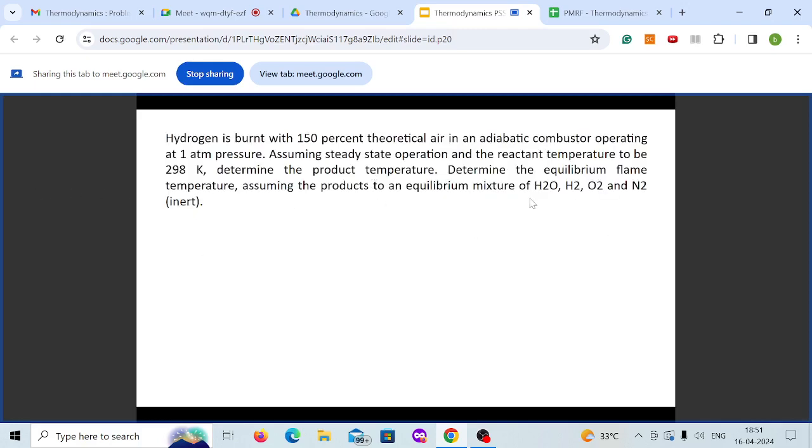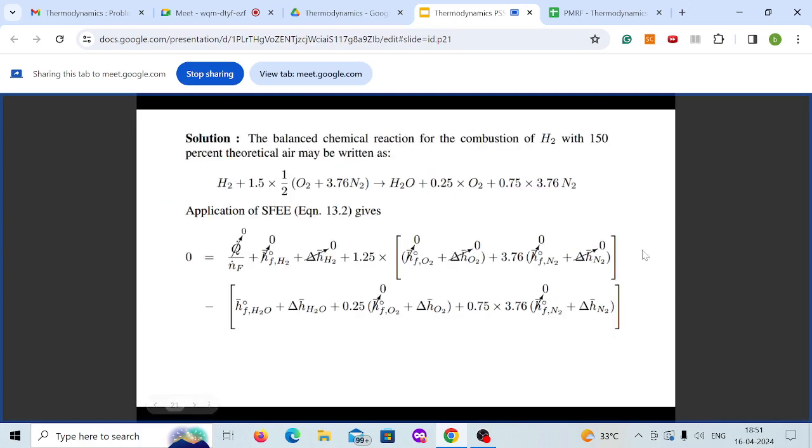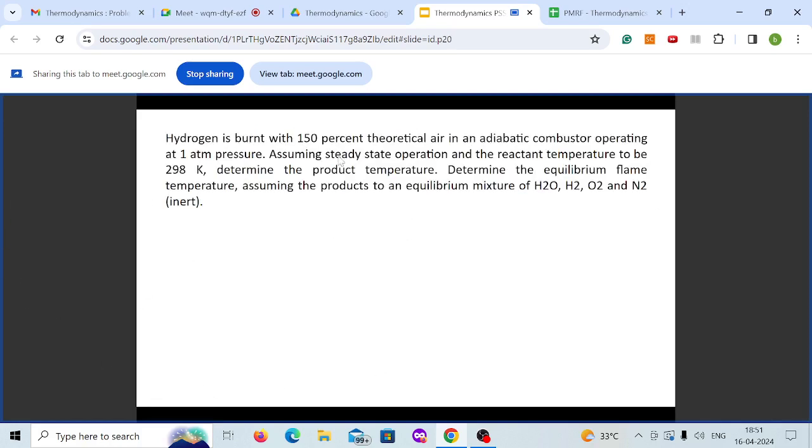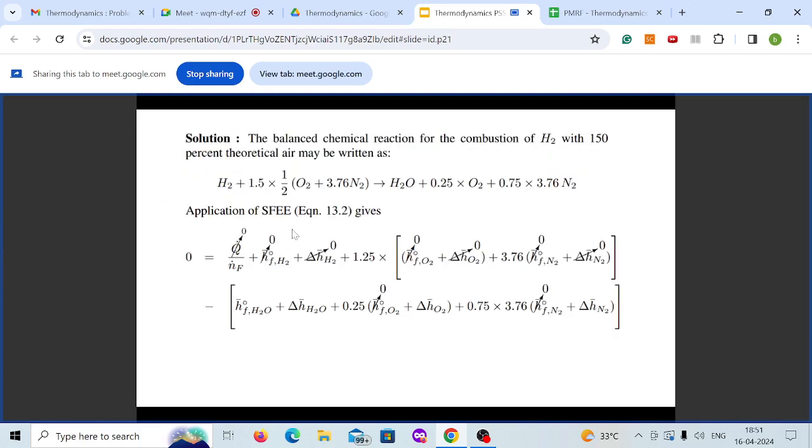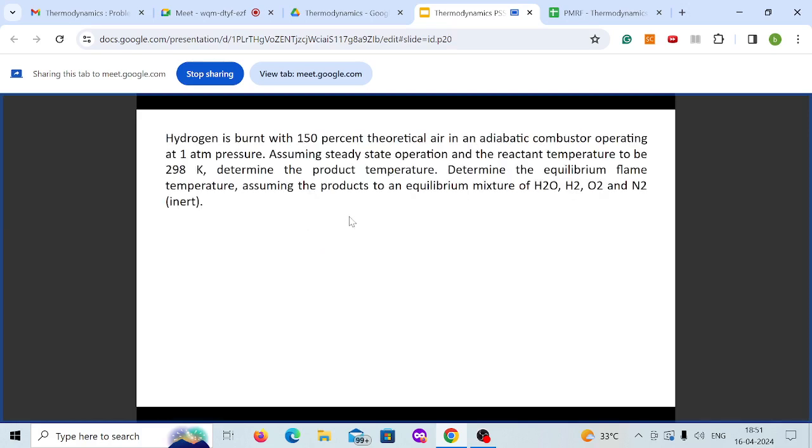So again, if you see, it is reacting with 150% of theoretical air. So first we need to find out what is the component of theoretical air which is present. And we need to find out both the equilibrium flame temperature and the adiabatic flame temperature, and compare the difference.